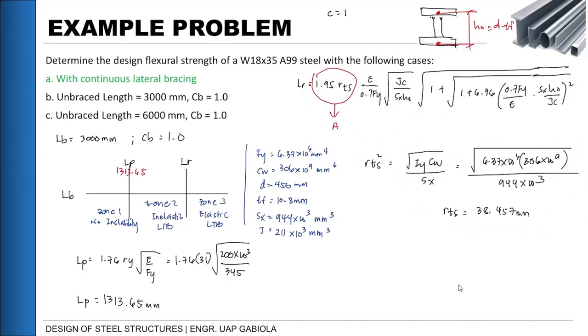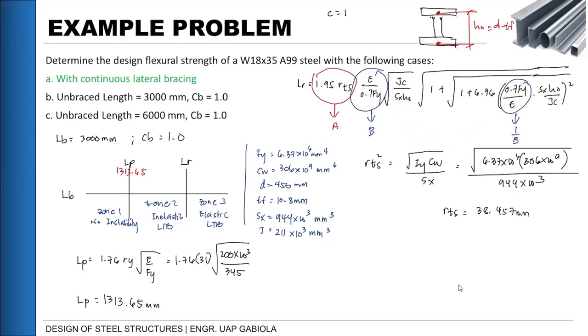Okay? And then, ito, mapapansin nyo, E over 0.7 FY. Ito is the same nitong nandito. Reciprocal lang siya. Okay? So, ibig sabihin, kunin mo siya separately, yung value nito muna. Okay? Then, itong portion na to, i-store mo sa letter B.